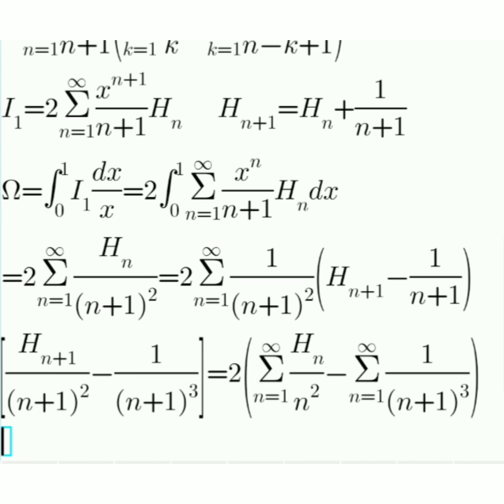So friends, I proved this formula, that this formula means 2 into zeta 3. This formula Hn by n square is equal to 2 into zeta 3 minus zeta 3. You know this formula, I proved.